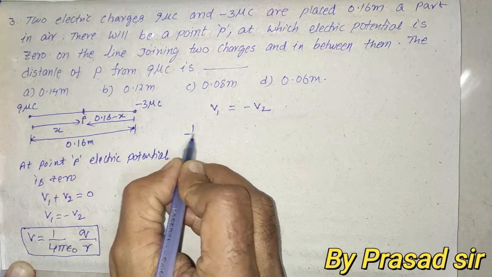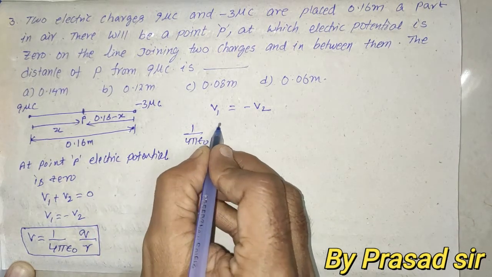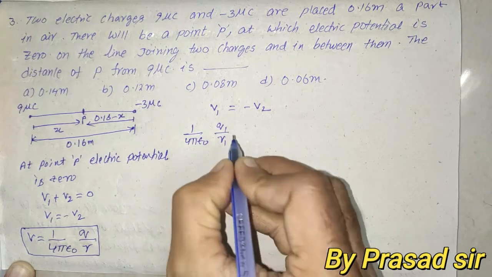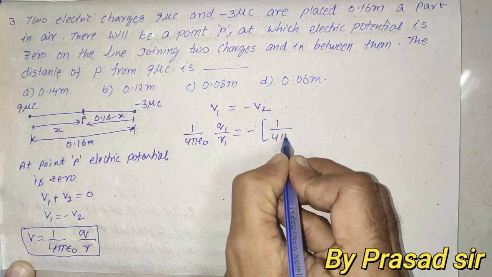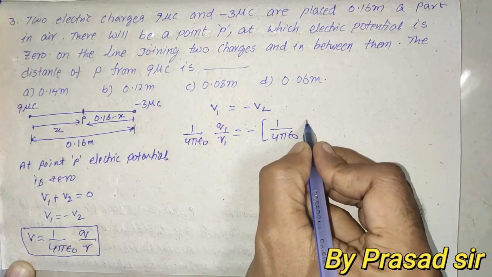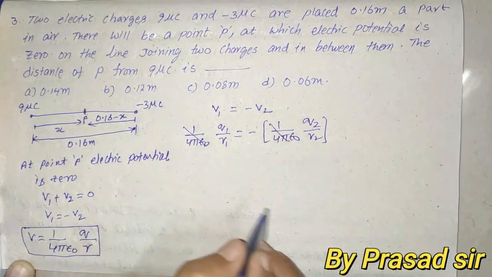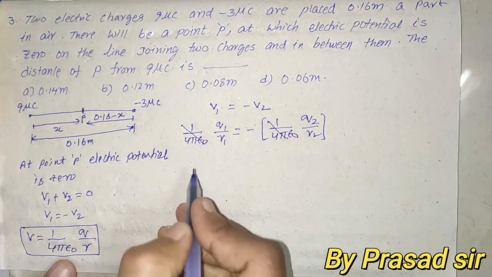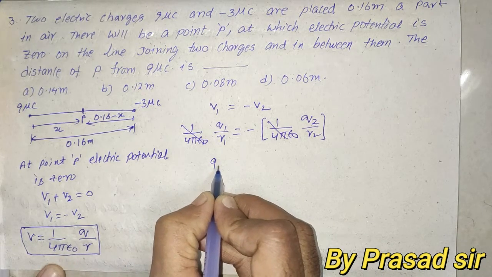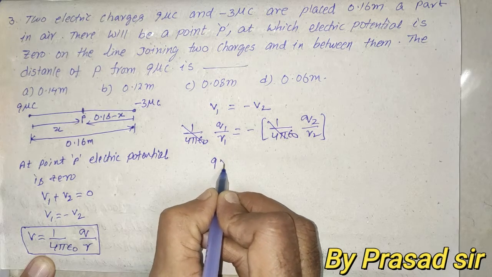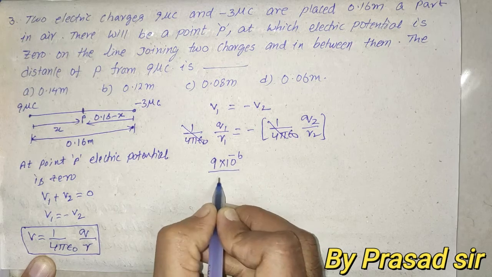So what is V1 here? 1 by 4 pi epsilon naught Q1 divided by R1 is equal to minus 1 by 4 pi epsilon naught Q2 divided by R2. On both sides, 1 by 4 pi epsilon naught is cancelled. Q1 is 9 microcoulombs, and micro is 10 to the power of minus 6, divided by R1.